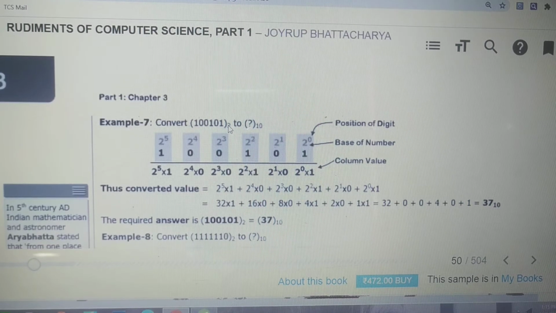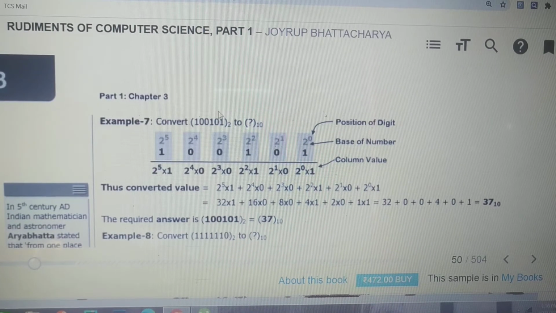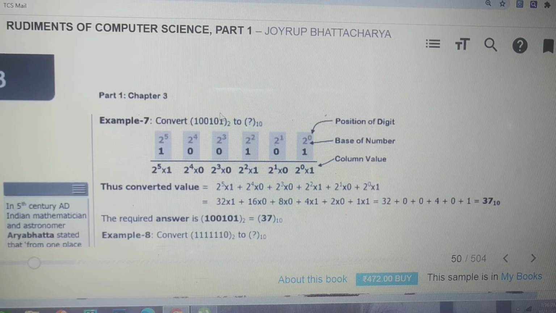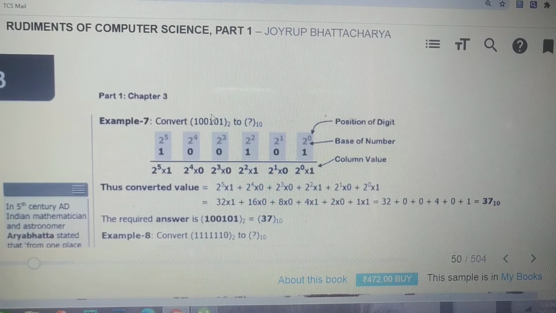Each position starts from 0, 1, 2, 3, 4, 5, moving from right to left.